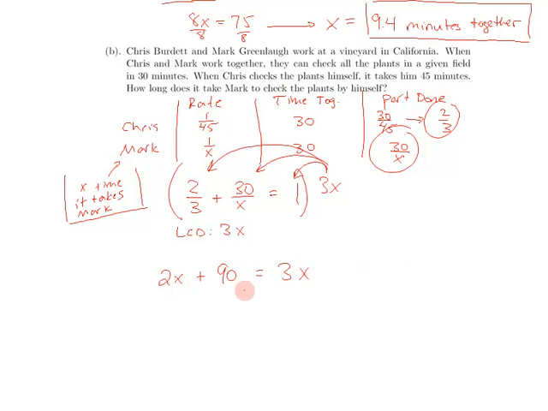So to solve for x, all I've got to do is subtract 2x from both sides. I get x is equal to 90. So it takes Mark 90 minutes by himself.